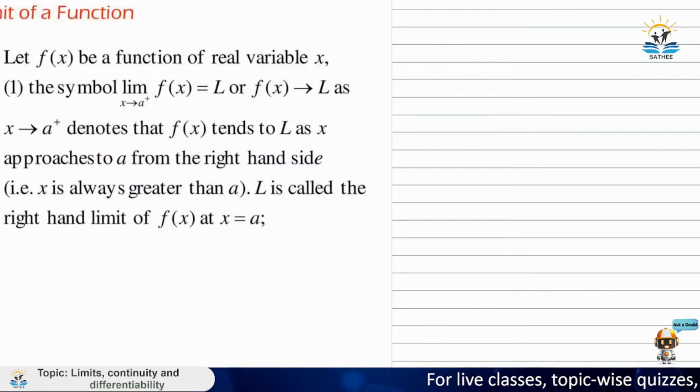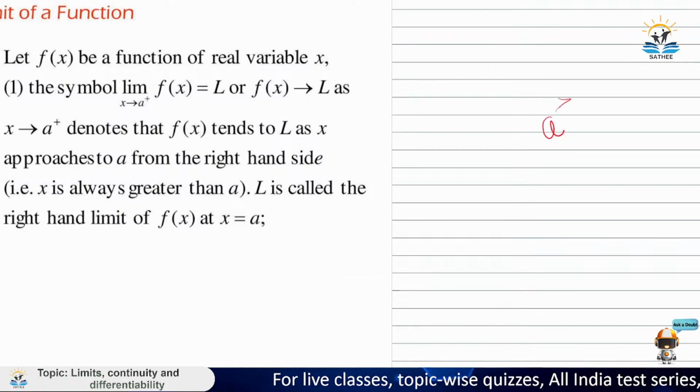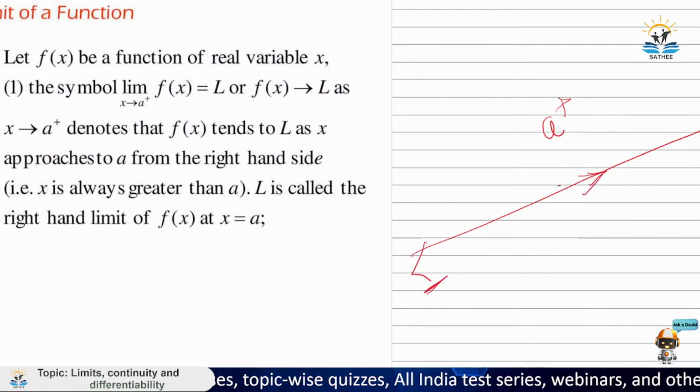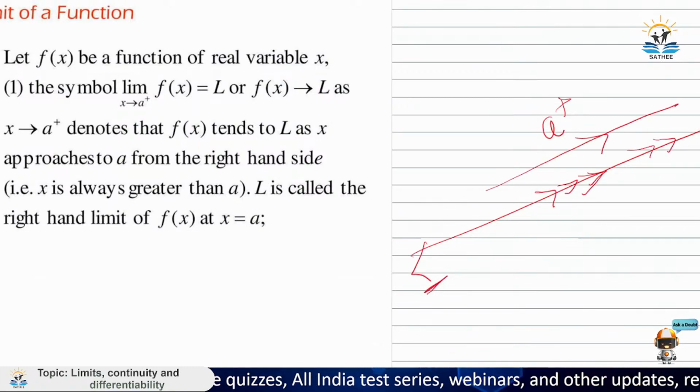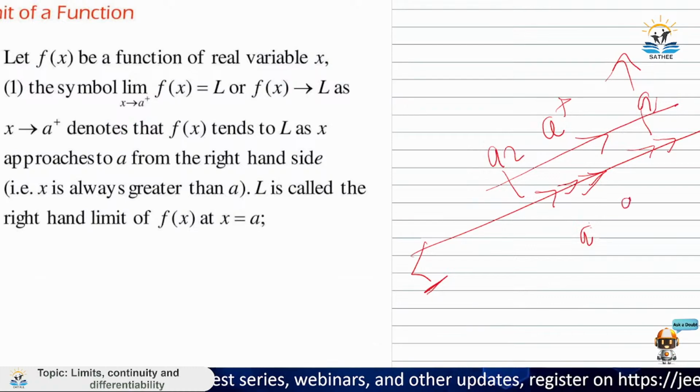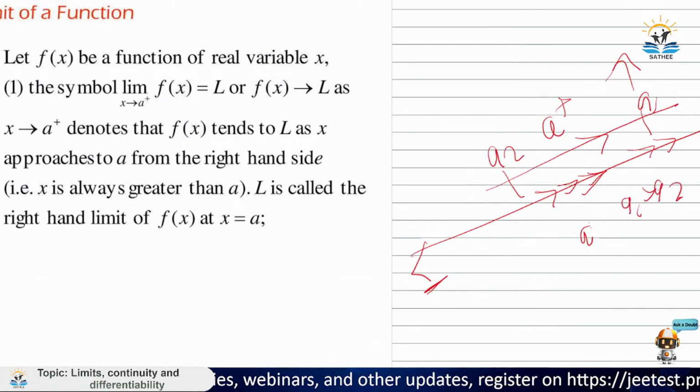Okay, so right hand and left hand you might be aware of, but I'll just recap it. By right hand, what we mean is positive. So we move in the graph like this, right? So this is positive and this is negative. As we move here, the values increase. That is, if this is A1 and this is A2, then A1 is greater than A2 in the standard case.